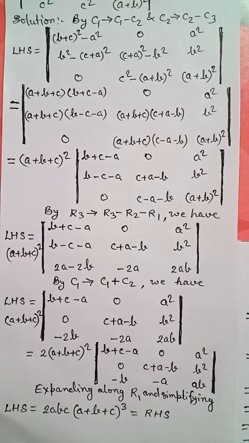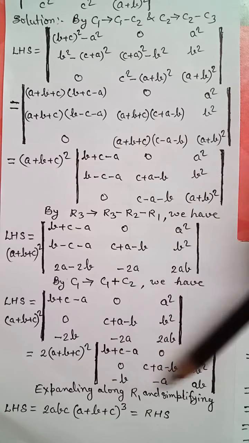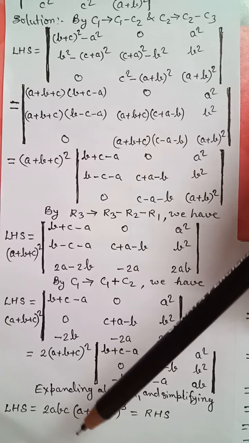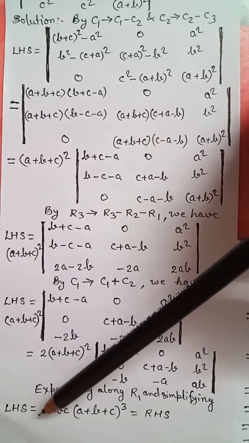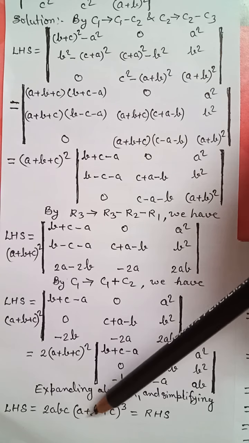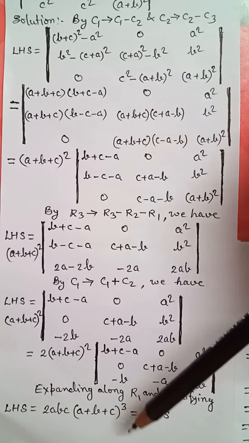Now we can expand this determinant and we can show that this expression is going to be twice ABC multiplied by (A plus B plus C) cubed. How can we do? Let us have a look.